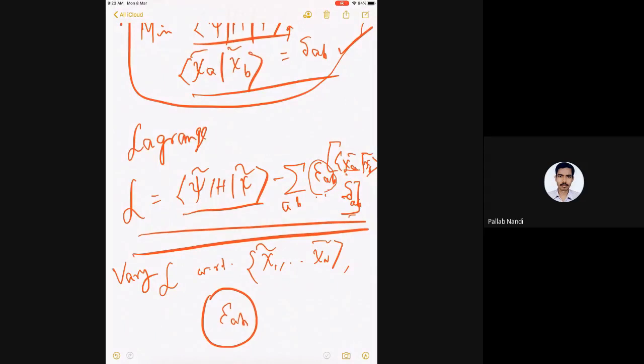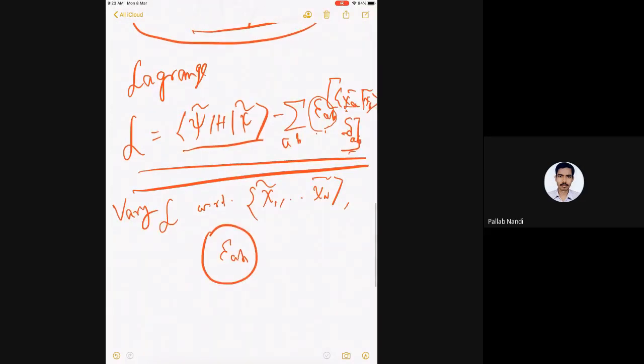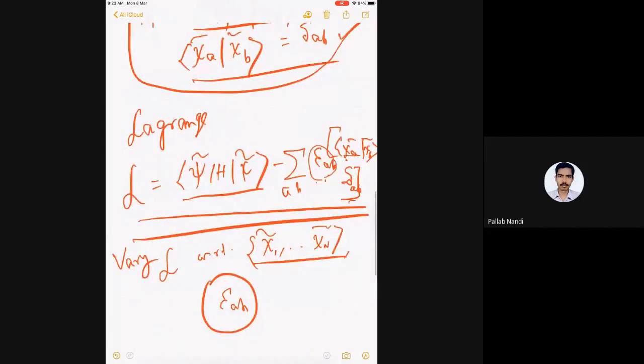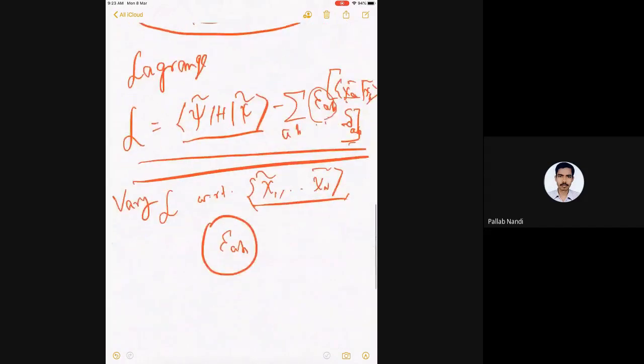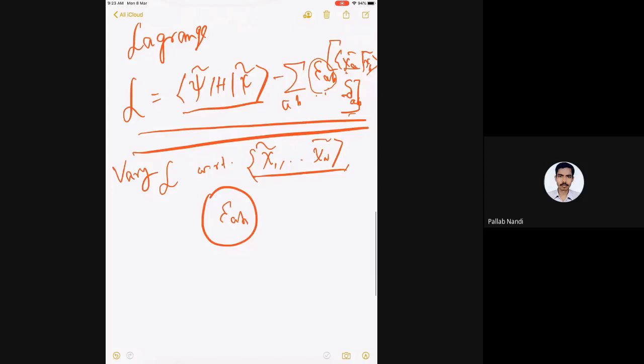Then I also set up a second set of equations, with respect to chi1 tilde to chi n tilde. These two sets of variation will give me the desired result under the condition. Is that clear? I'm only telling the procedure, not the mathematics. Let me ask whether the procedure is clear or not.